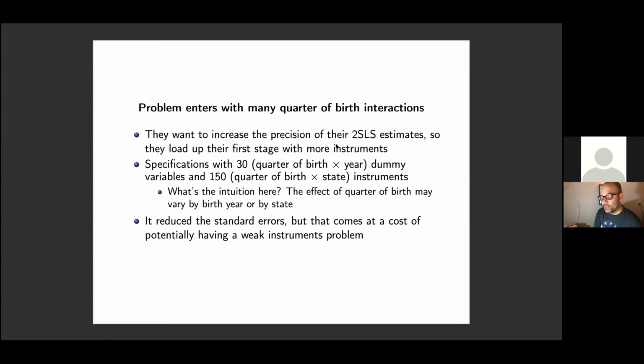And usually the problem with adding in more instruments is it's inevitable that you end up with some weak ones. What does that mean? That means their partial effect, independent of the other instruments, ends up being weak, not very highly correlated, not very precise, something to do with the sample not being as large as needed.